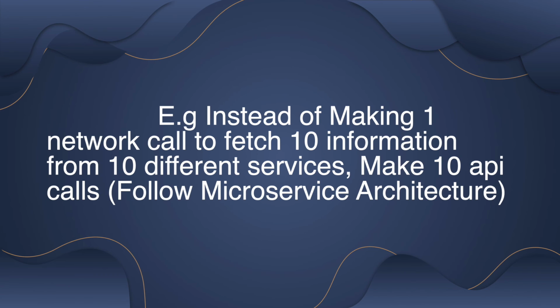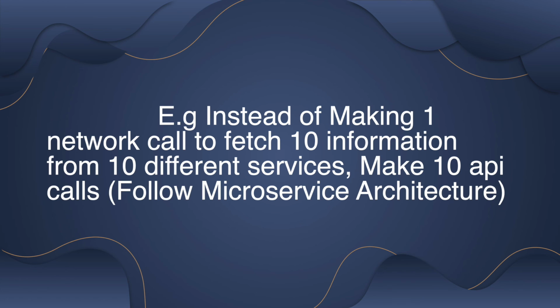Let's understand the splitting approach. Let's say we're making a call to fetch all the details on the home screen, and that home API is internally making calls to 10 different services to fetch information, due to which the execution time is more.